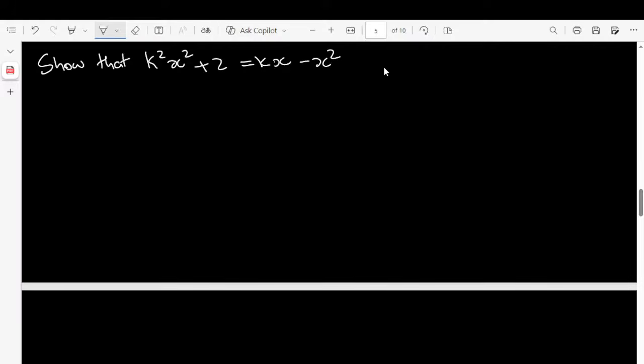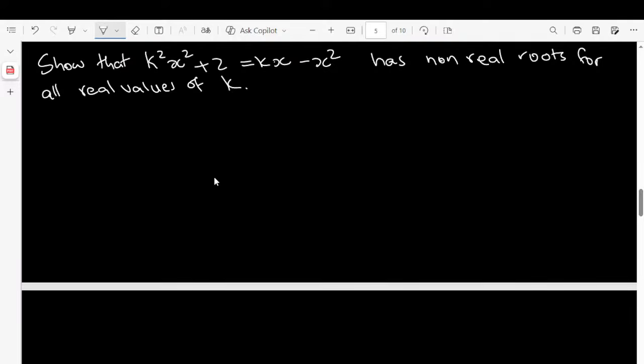So when it's like this, they say show that this has no real roots for all real values of k. That is the question.